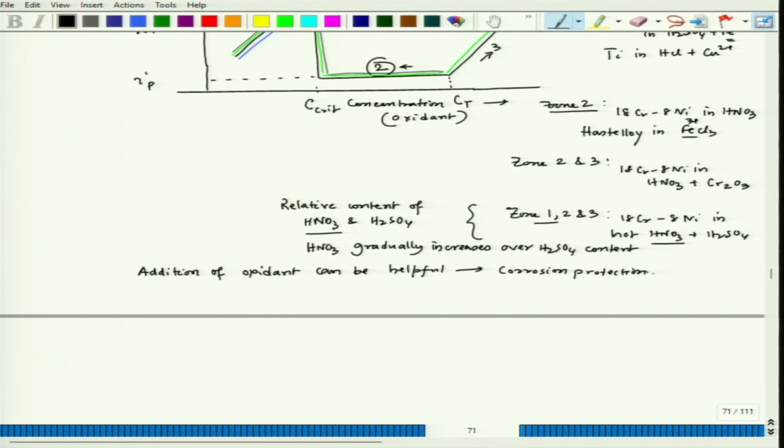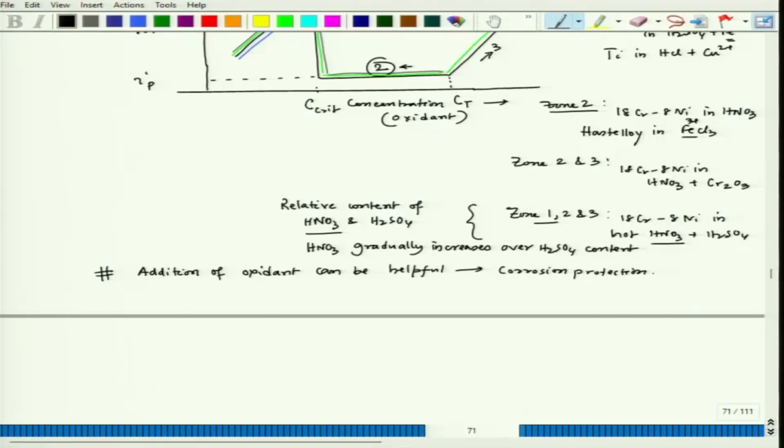And we will see in the case of inhibitors, sometimes we add oxidant so that quick passivation is possible. So, oxidant removal is not helpful here; rather, oxidant addition is helpful here. This is typical of active passive metal.